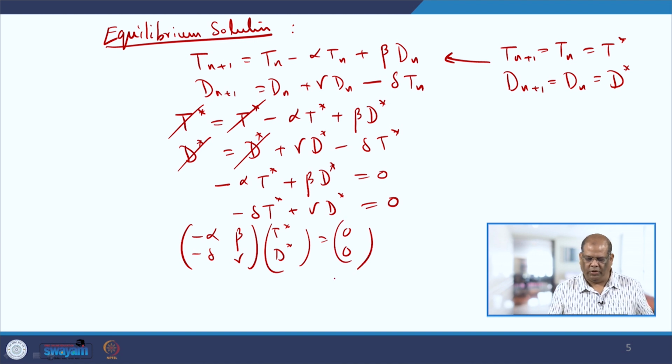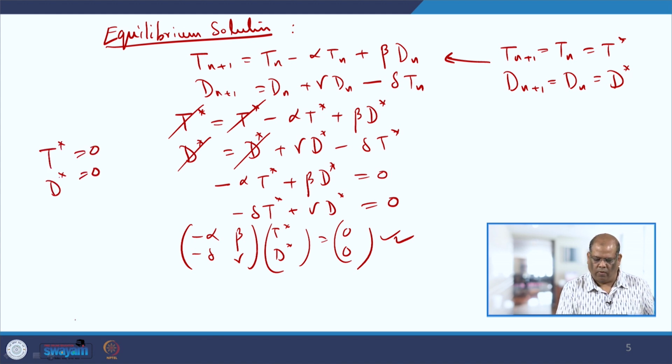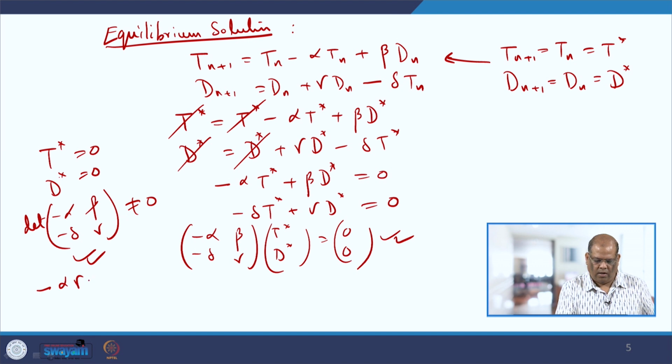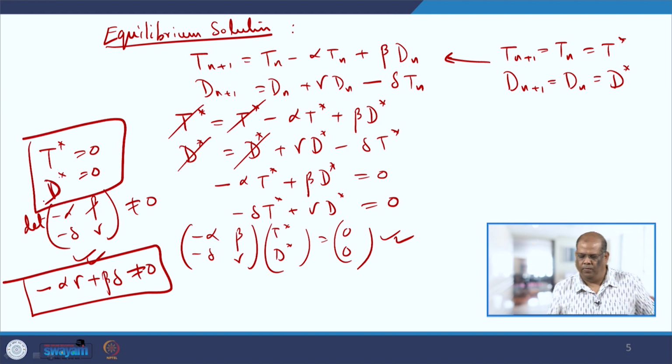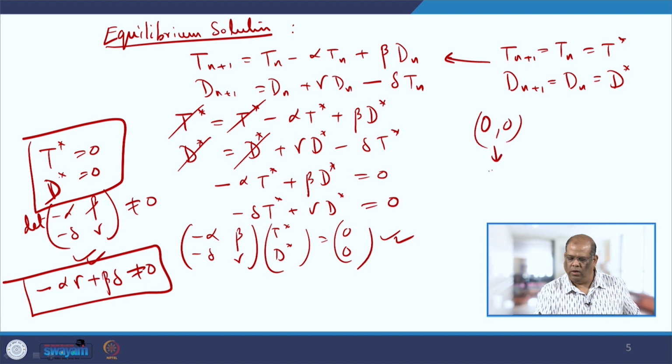This is a homogeneous equation because the right hand side is 0, and it will have a unique solution T star equal to 0, D star equal to 0, provided the determinant is not equal to 0. So we assume that minus alpha gamma plus beta delta is not equal to 0, and then we have a unique solution 0, 0. So 0, 0 is your equilibrium solution.